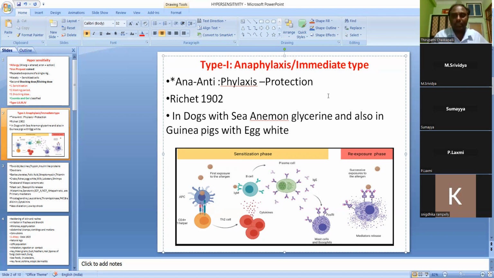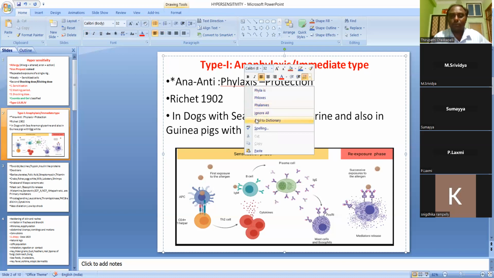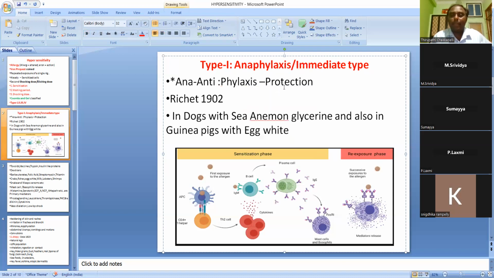Of all the hypersensitivities, type 1 is the fastest one. You remember. Ana means anti-phylaxis, meaning protection. So here the reaction takes place against the protection, that is anaphylaxis.